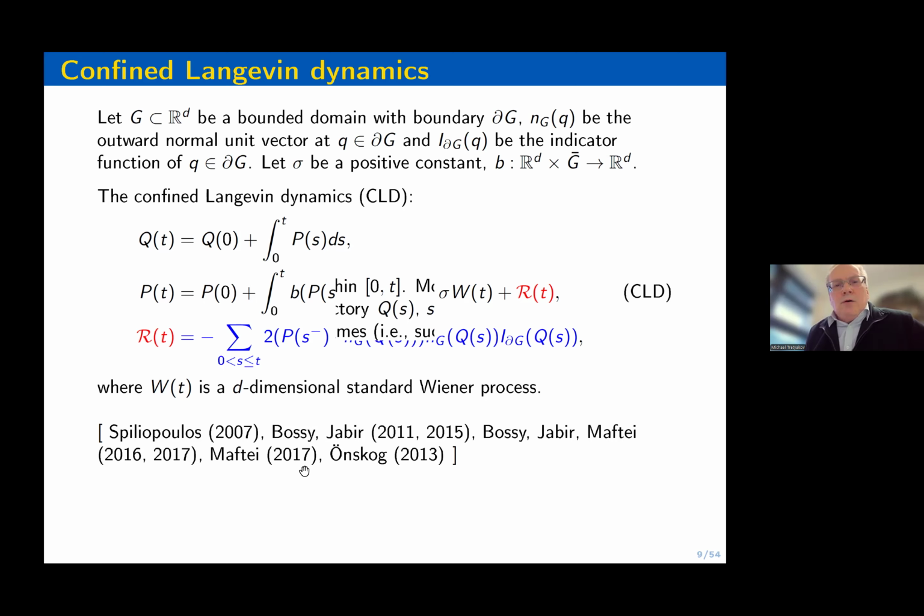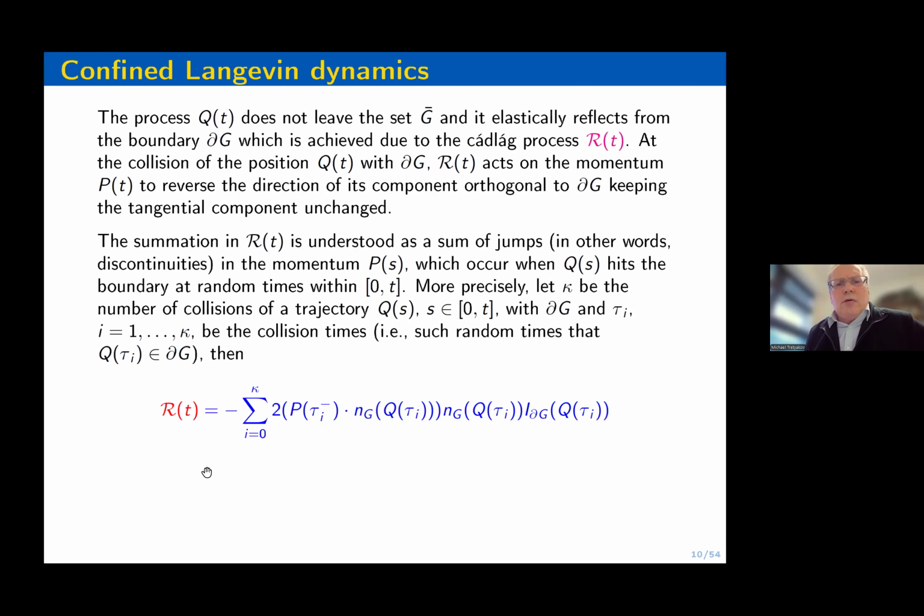So I write this term here in this form, where tau_i are the collisions of Q with the boundary, and you see that we project P on the normal and then multiply by the normal, and the factor 2 leads to the elastic collision.